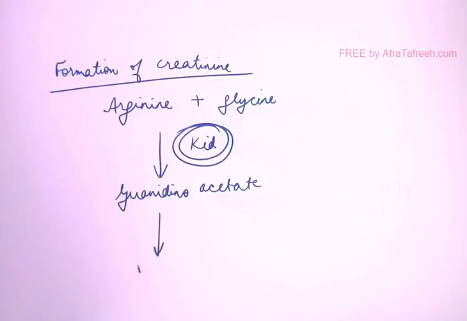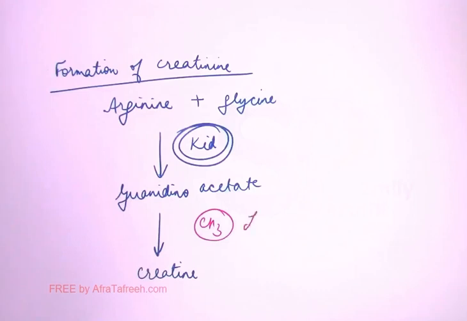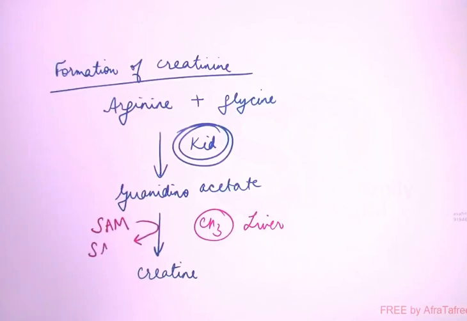Guanidinoacetate will then be converted to creatine. In the formation of creatine from guanidinoacetate, a methyl group is required. This reaction occurs in the liver, and the donor of this methyl group is SAM, S-adenosylmethionine, which after giving the methyl group gets converted to S-adenosyl homocysteine.